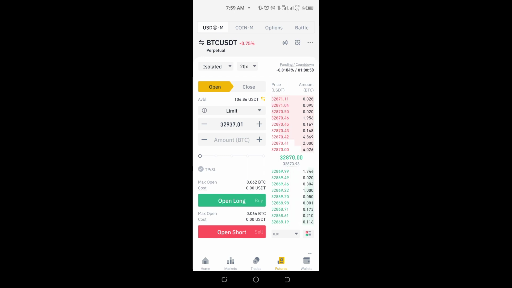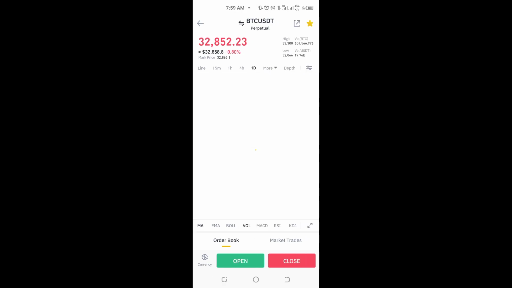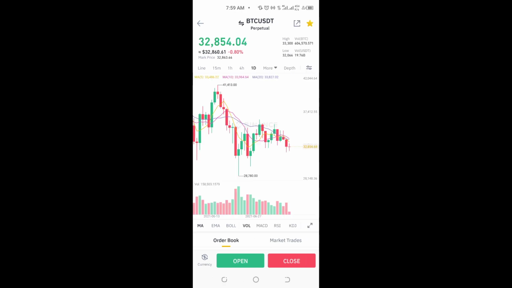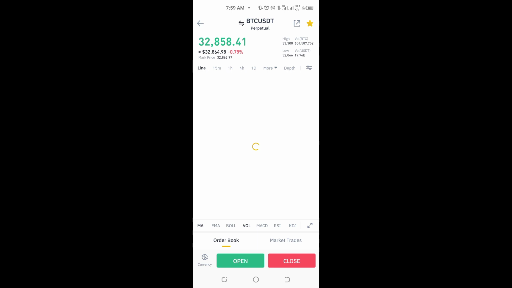You can check out the analysis. Looking at the top, you can see some candlesticks. You click on them. So this is a chart. You can actually do your analysis. Here we have the line chart.